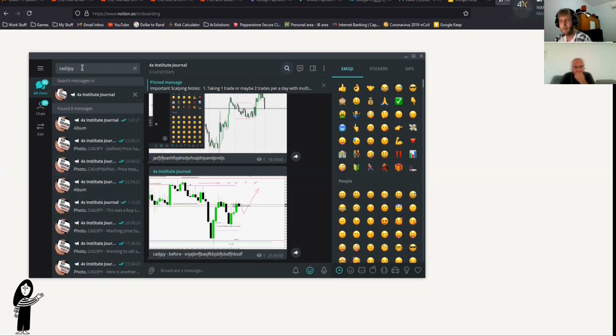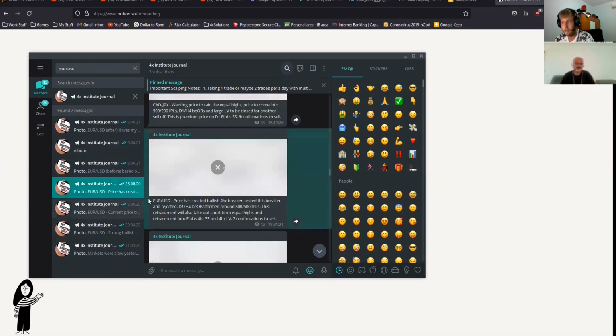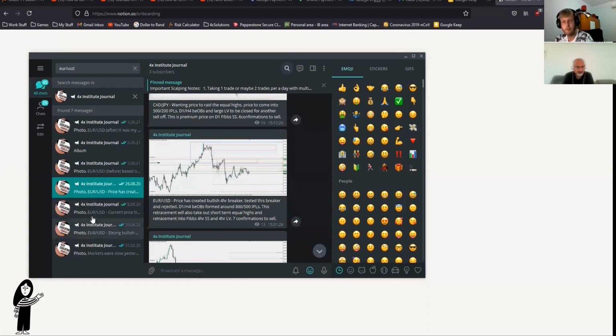Or if I want to do Euro USD, for example, these are all my entries of what I would have potentially done over here, where I was looking to take a trade, or whatever I put into my journal.